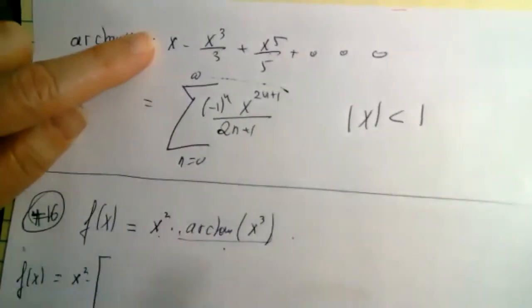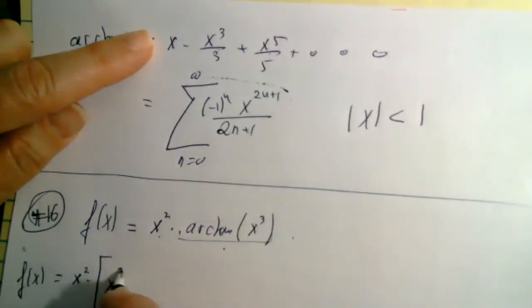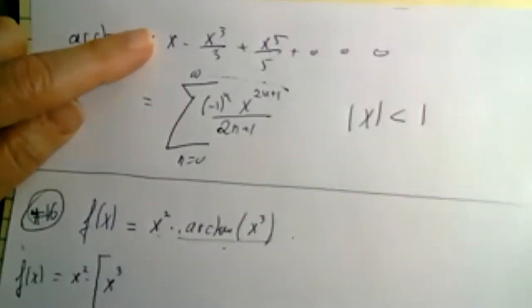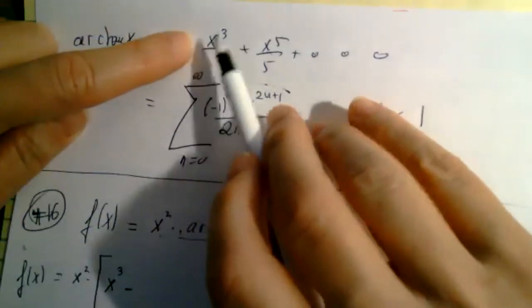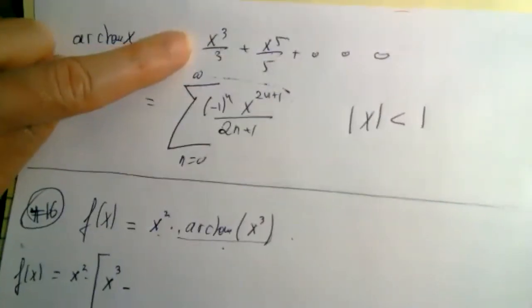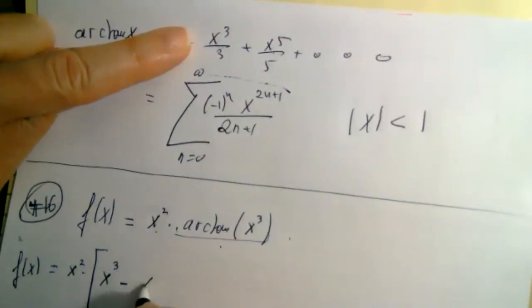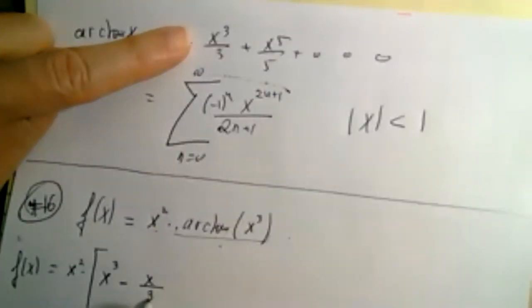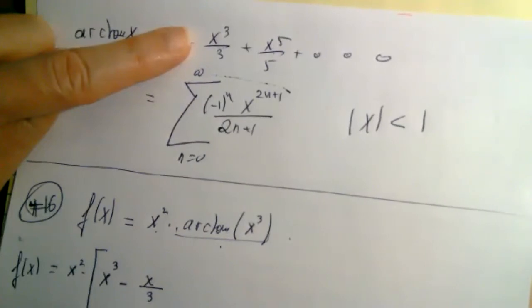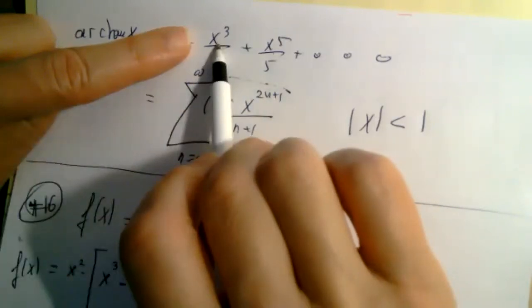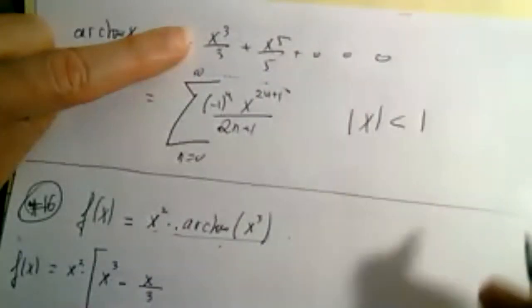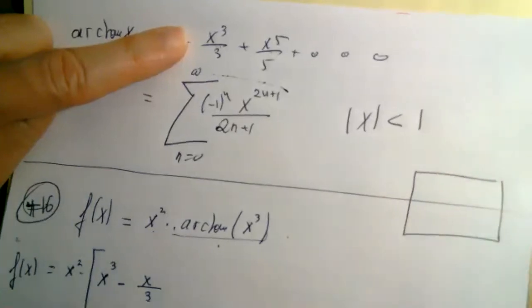So instead of this x, I have to put x to the power 3, minus. Instead of this x, I'm going to put x to the power 3. If I do that, I'm going to have x to which power? Write it down. Tell me which power for x I'm going to have. To the power 9, because x cubed to the power 3, don't forget your exponent.